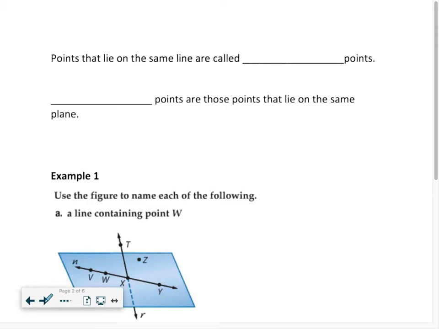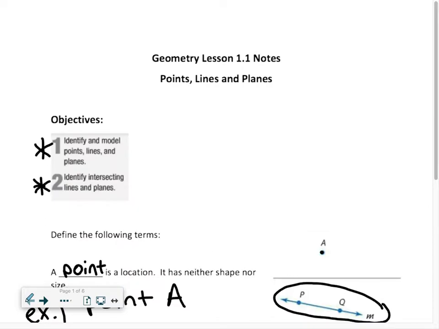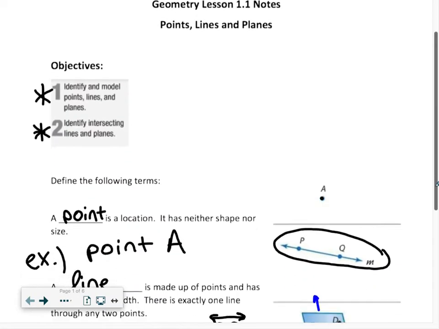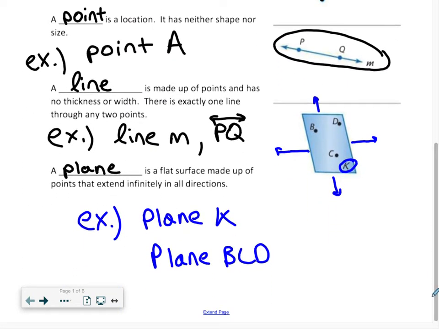Here, another definition: points that lie on the same line are called collinear. Collinear points lie on the same line. So when we look back at this line, we already have looked at line PQ. We would say points P and Q are collinear.